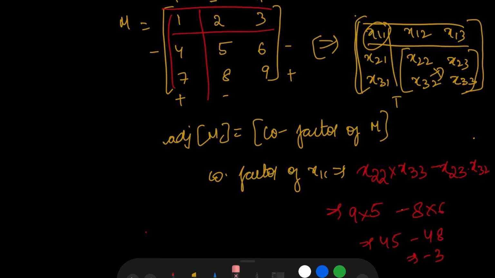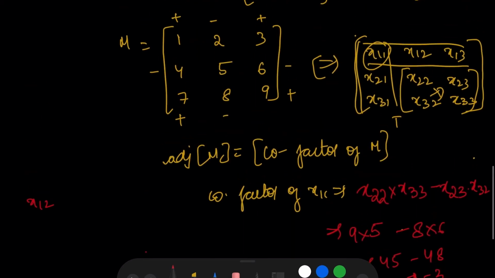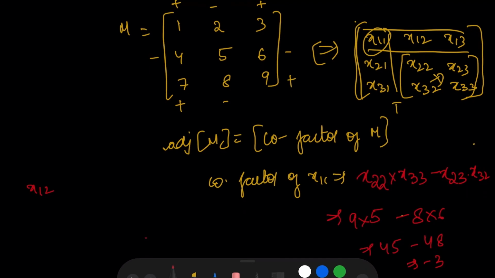Similarly, the process is same for all the elements in the matrix. So let us find for x12. If you wanted to find the cofactor matrix, ignore the first row and the second column, and the rest of our matrix will be the cofactor matrix. So that is 4 times 9, 36 minus 7 times 6, 42. So 36 minus 42 is a minus 8.